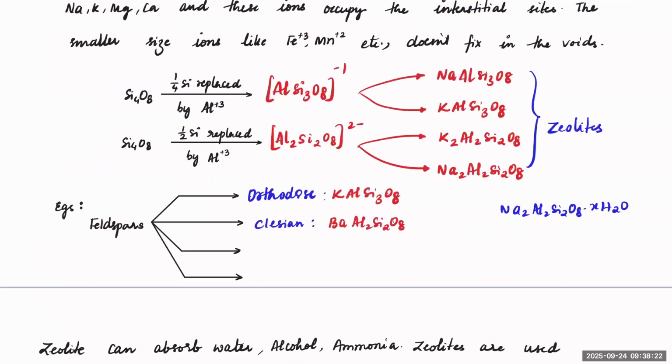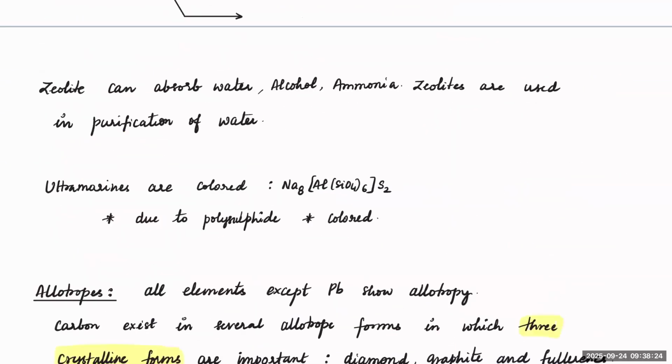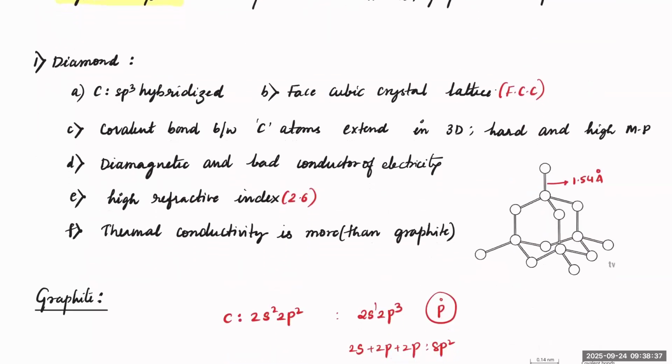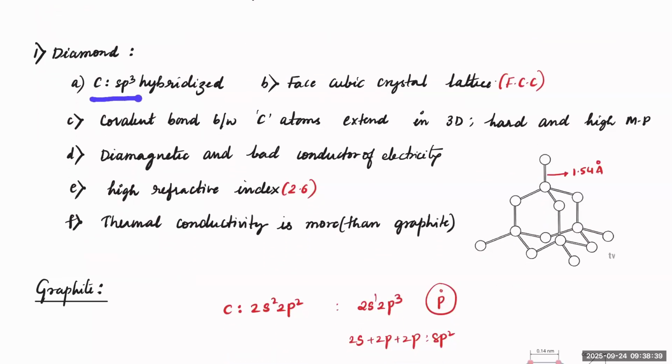Now, what are the allotropes of carbon? Carbon has mainly three allotropes which we need to learn. One is diamond, graphite, and Buckminster fullerenes. See, diamond is sp3 hybridized. It has an FCC type of structure.